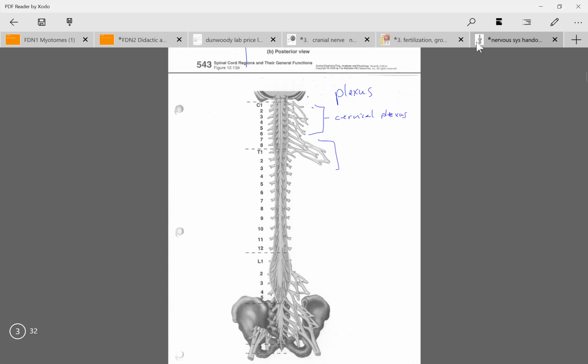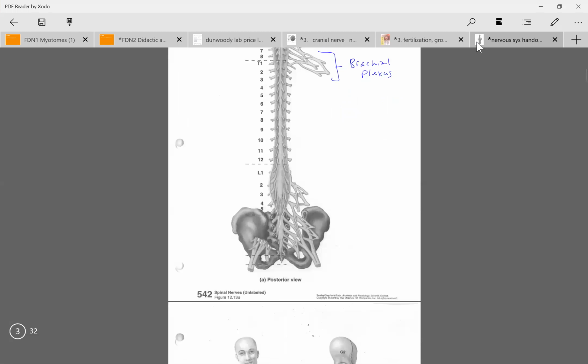All right, then we have the brachial plexus. All right, and then the lumbar plexus and the sacral plexus.